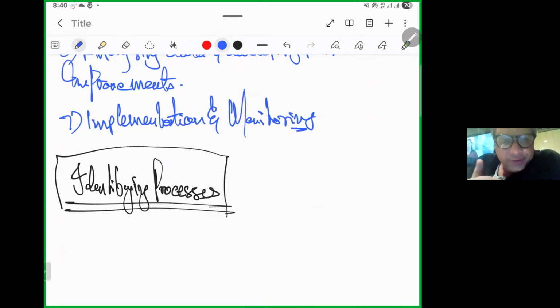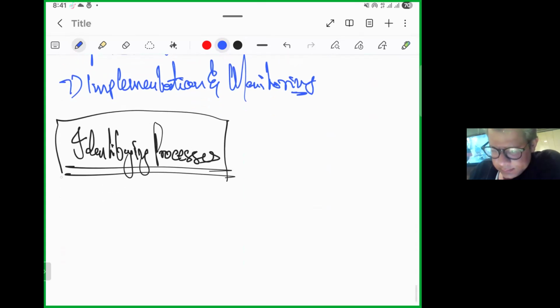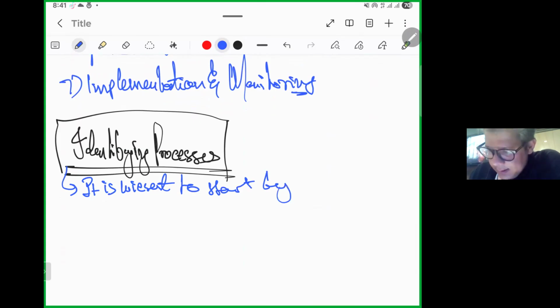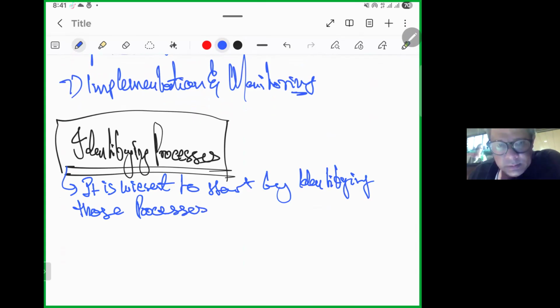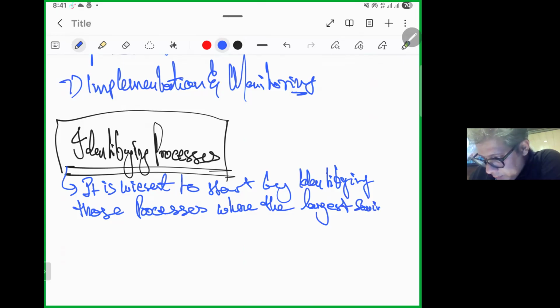rather than trying to benchmark all processes that an organization performs at one time, it is wisest to start by identifying those processes where the largest savings could be made.